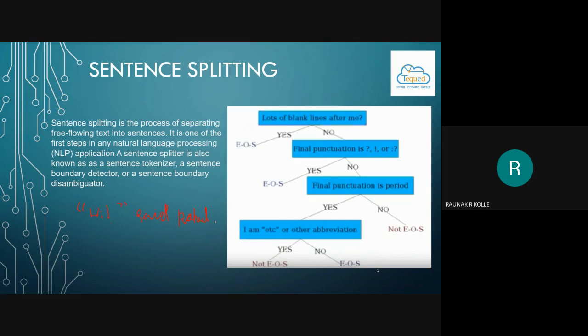"Hi!" said Rahul. What the system is expected to do is identify that the sentence ends after the word Rahul, but the system identifies the exclamation mark as the sentence terminator and ends the sentence there. Therefore, the quotation marks and the next two words are ignored.